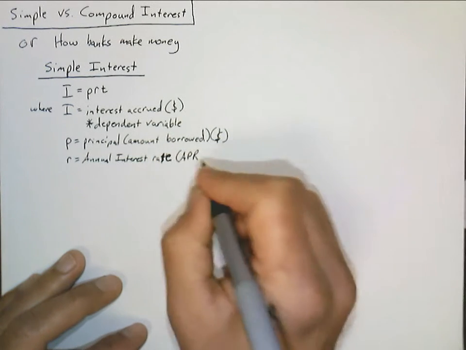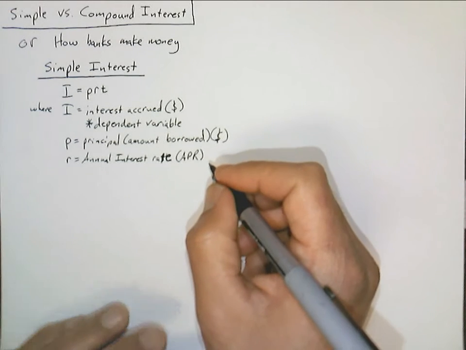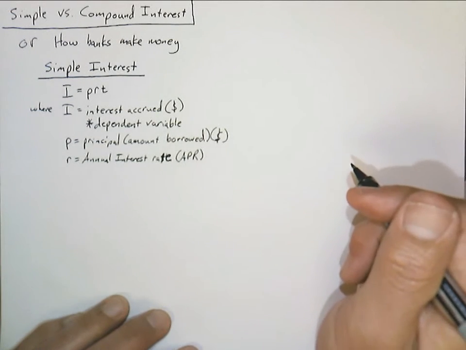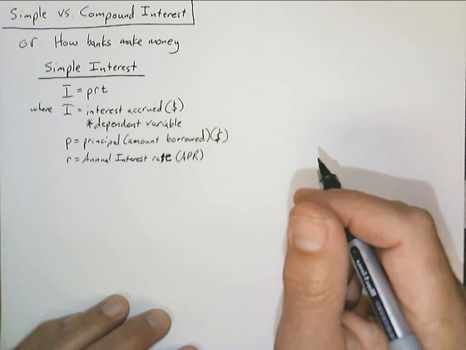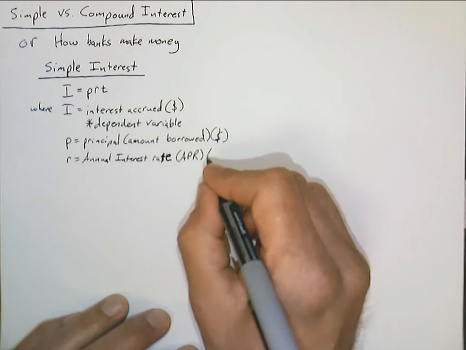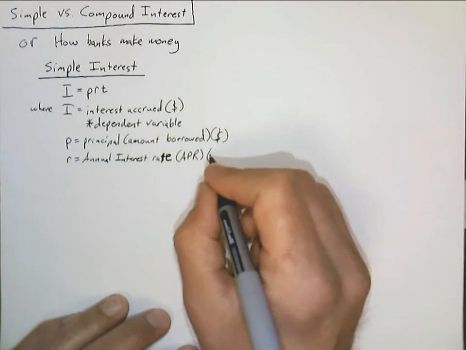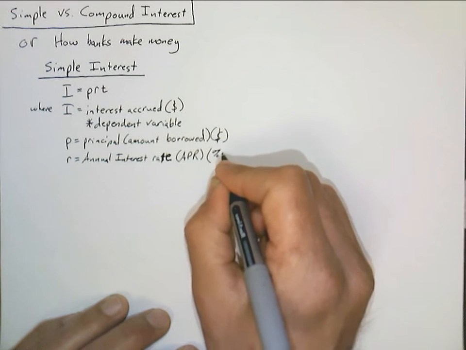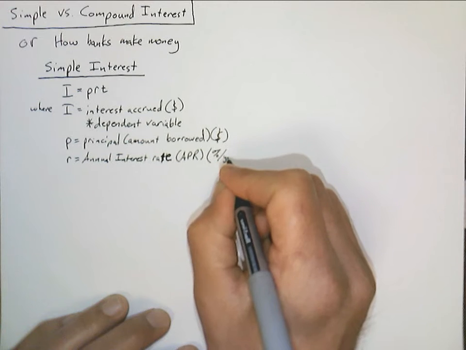You might have heard that in car commercials when they say 0% APR financing for qualified buyers. Well, it's really tough to be a qualified buyer for 0%, but the units on that are in percent per year.